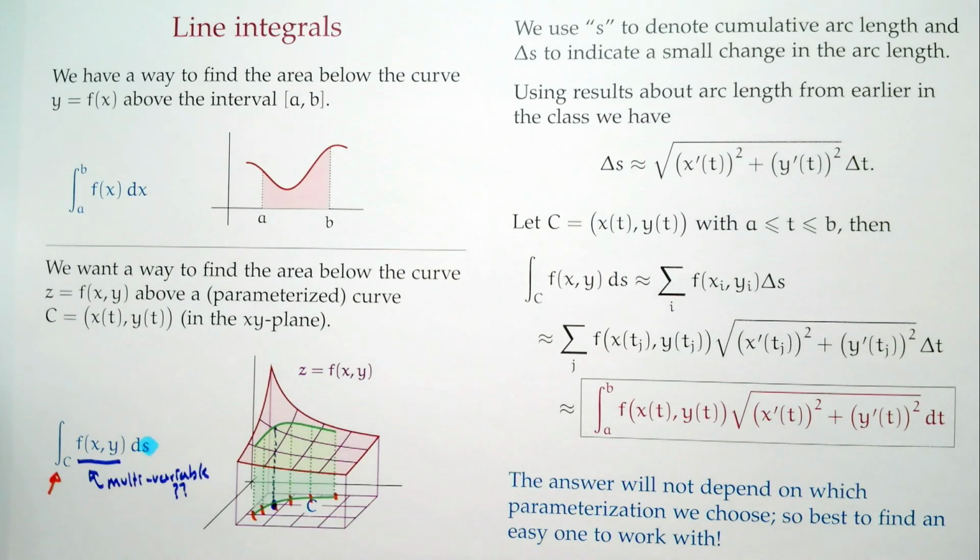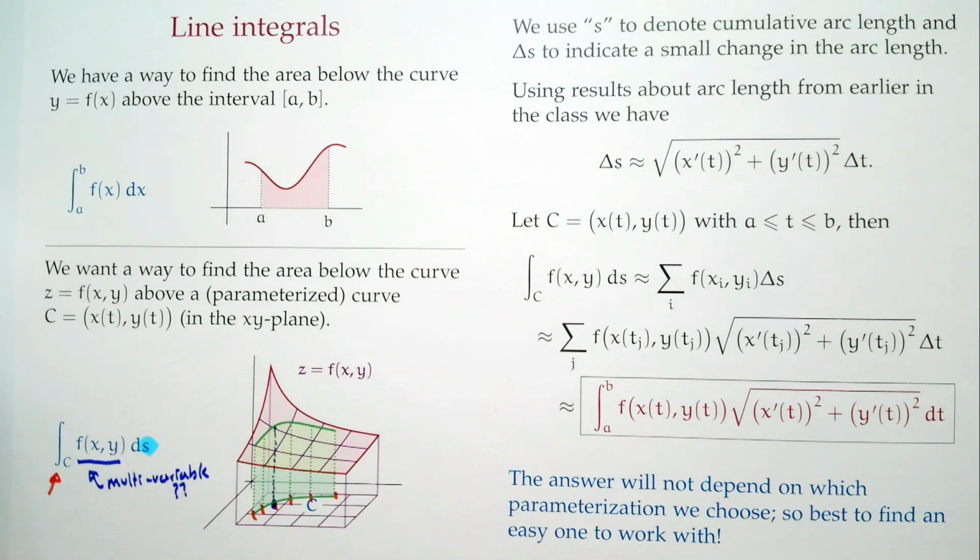Now there's one thing to note, which is: what's the right parameterization? Oftentimes we may not be given a parameterization, we have to pick one. How do we know which one to pick? You look at the problem, and it doesn't matter how you move along the curve. As long as we move along the curve, we're still going to compute the same answer. So it doesn't really depend on our parameterization.